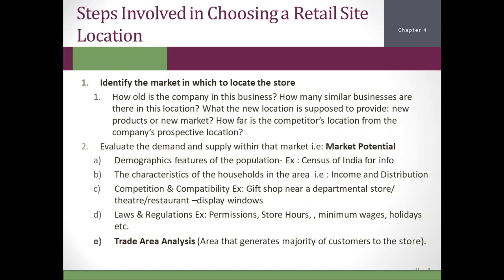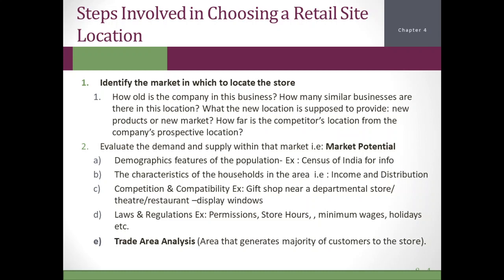You evaluate the demand and supply within that market. Basically, you're trying to see the market potential of that particular area which you have identified. The demographic features of the population, similar to what we saw earlier, and demography covers many things.